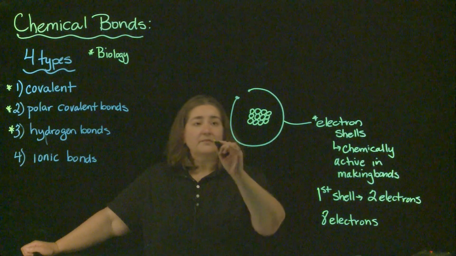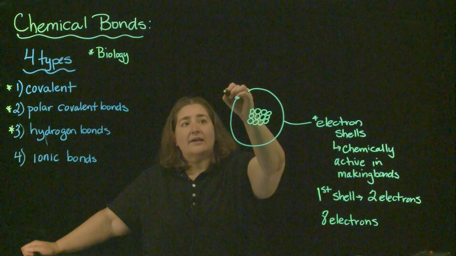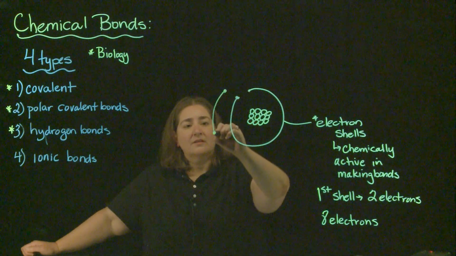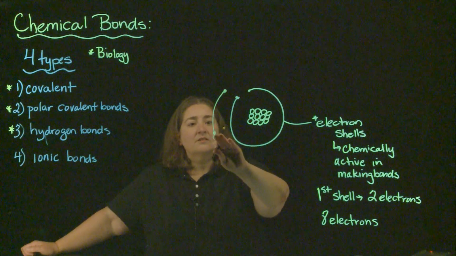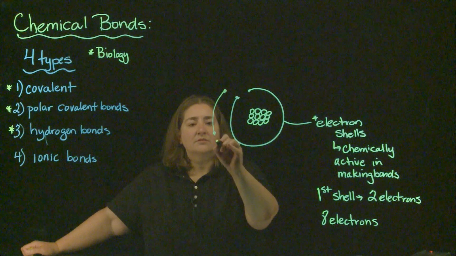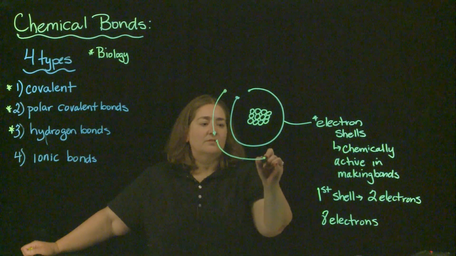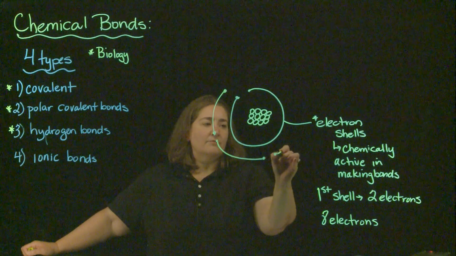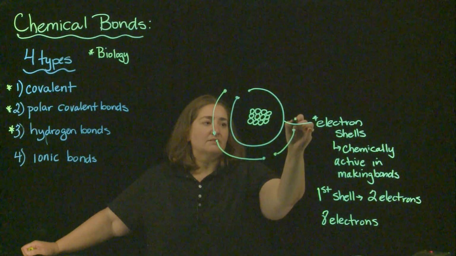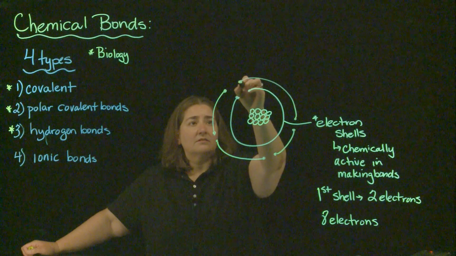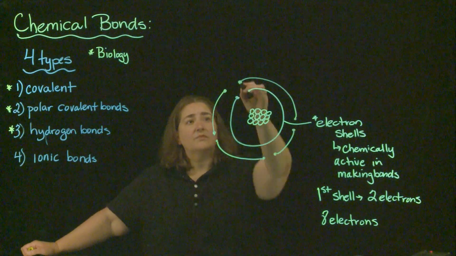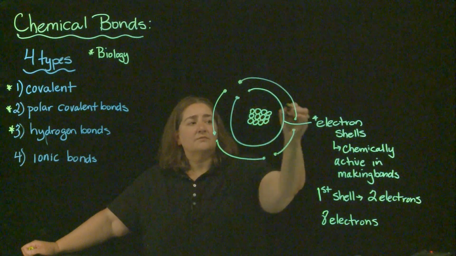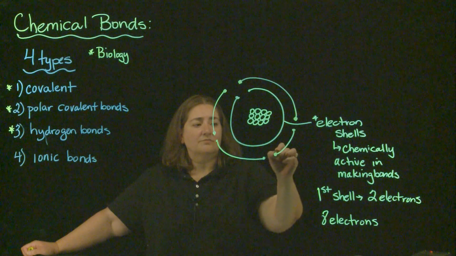So our first shell has 2, and then 1, 2, 3, 4, 5, 6, 7, 8. Okay? So that would represent our 2nd shell.